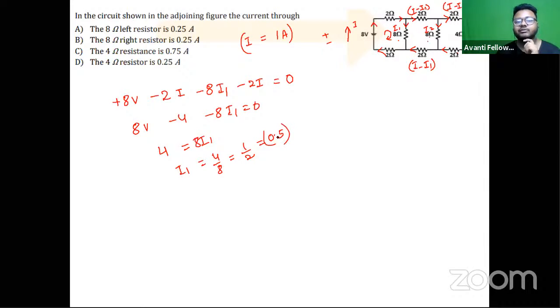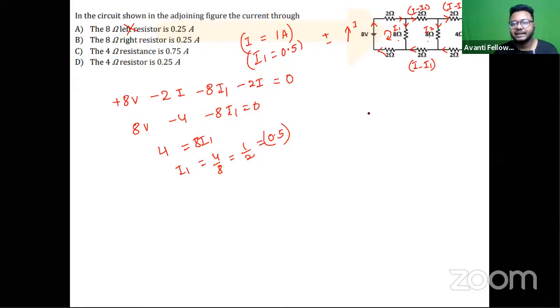So you are sure from here that this option is incorrect. The I1 value, that is the left side 8 ohm resistance, is not having this, but this side I1 value is 0.5. So now you know the value of I, and you know the value of I1 also, that is 0.5, right? So that is the incorrect answer.